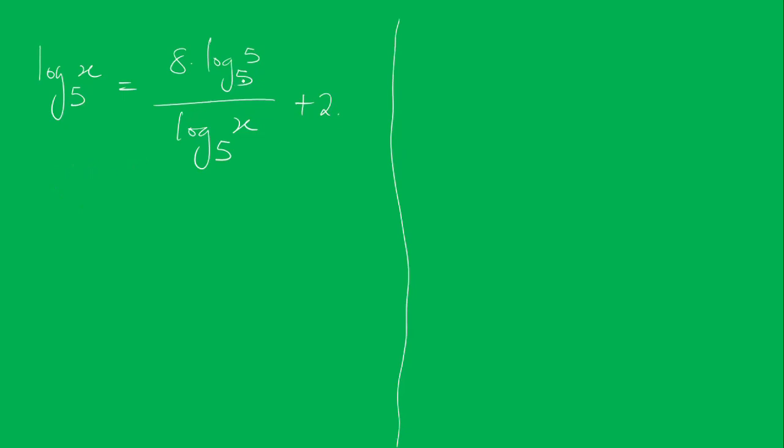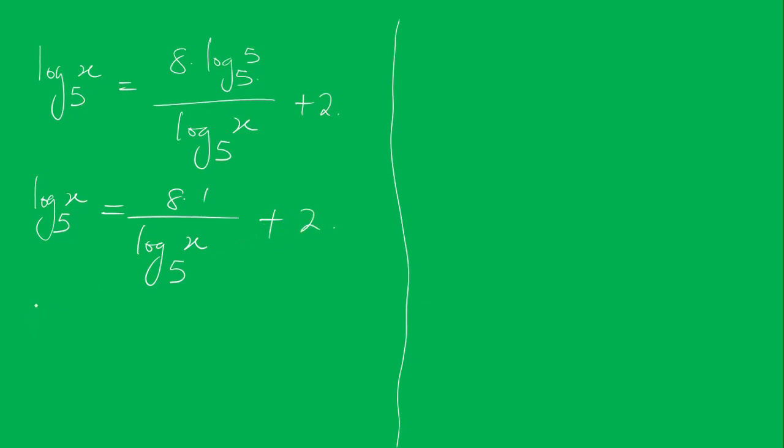Applying that rule, this is 1. So we now have log x base 5 is equal to 8 times 1 divided by log x base 5 plus 2.